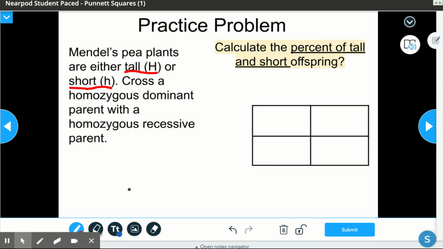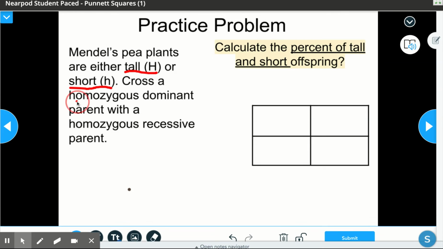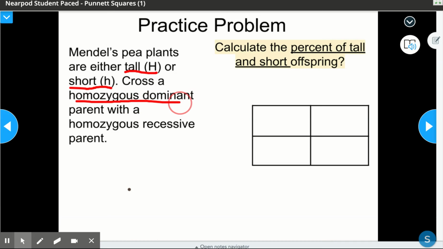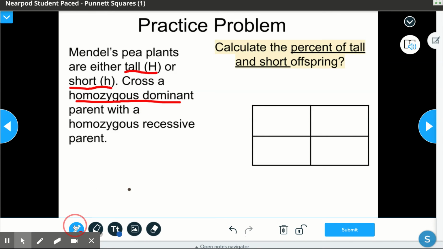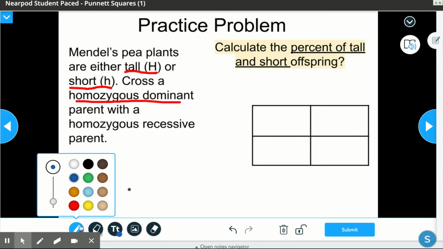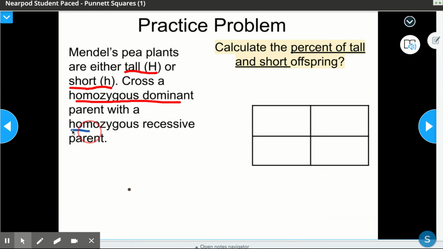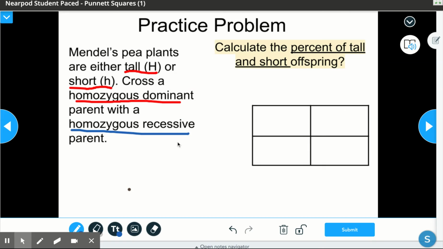Next, let's identify the genotypes of the parents, and I'm going to write them in up here. We have a homozygous dominant parent, and let me get another color for the other parent, a homozygous recessive parent. Let's start off with the first one.